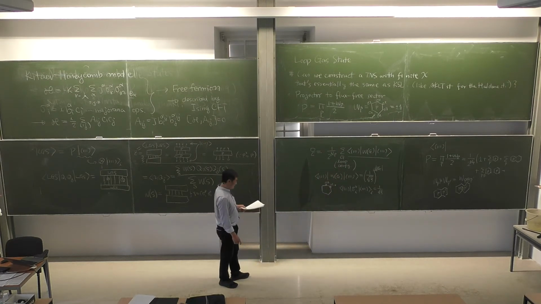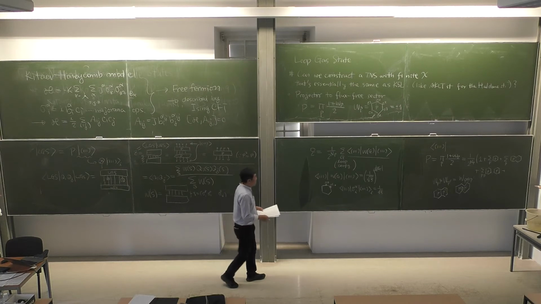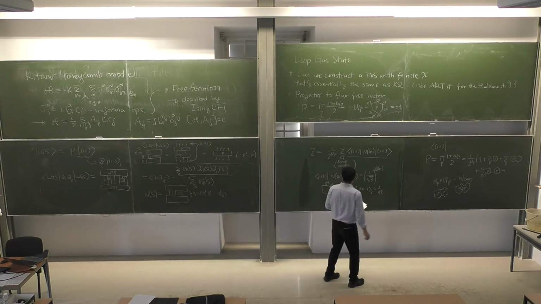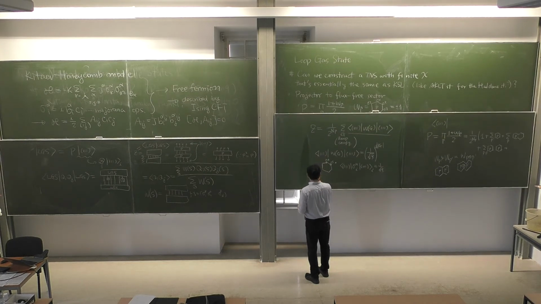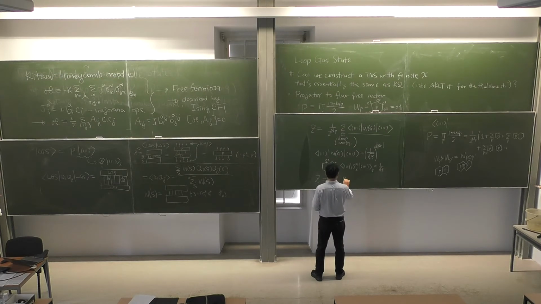So it is very easy to realize. So this means that the partition function is, after all, beta to the power of the number of loop configurations.